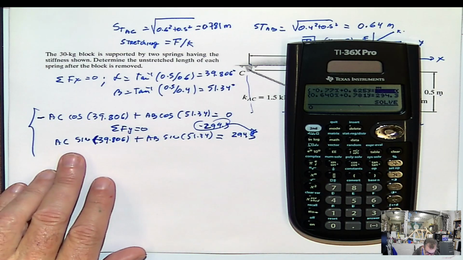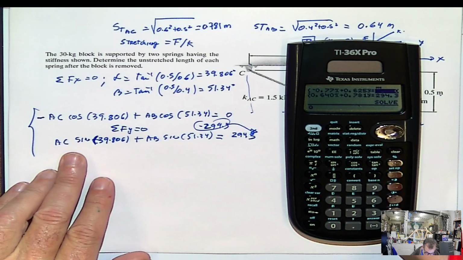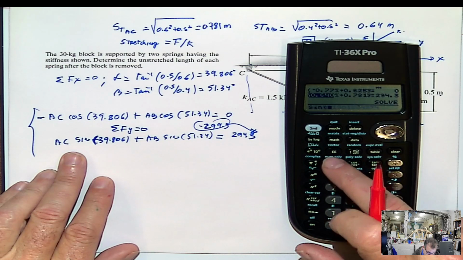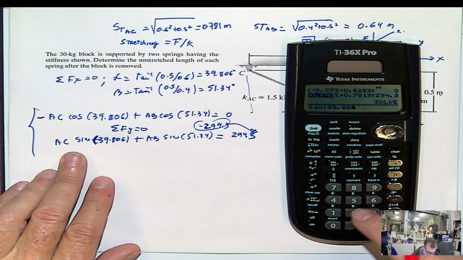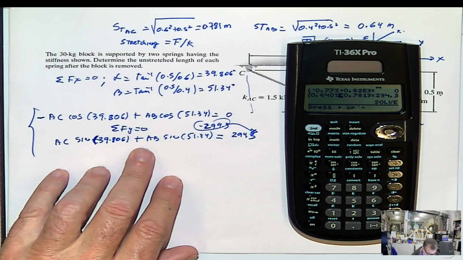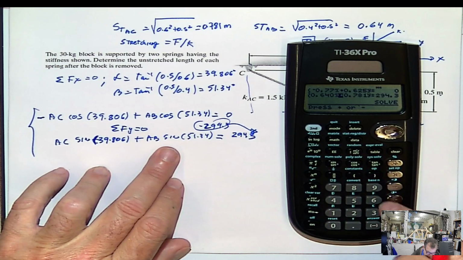Now this one here will be what? Will be sine 0 equals 0. I'm sorry, 0. Now this will be sine 39.806 plus this one here will be sine 51.34.